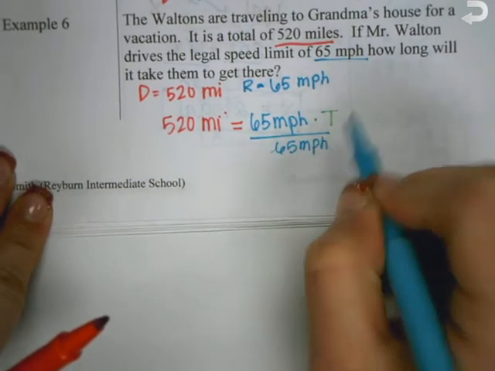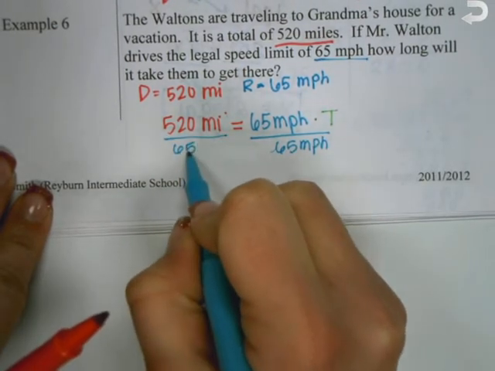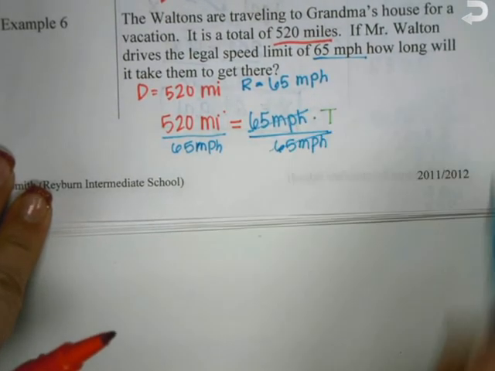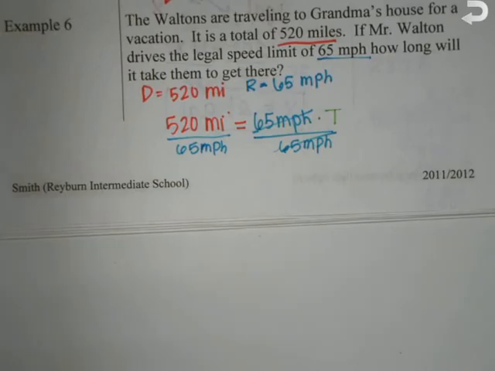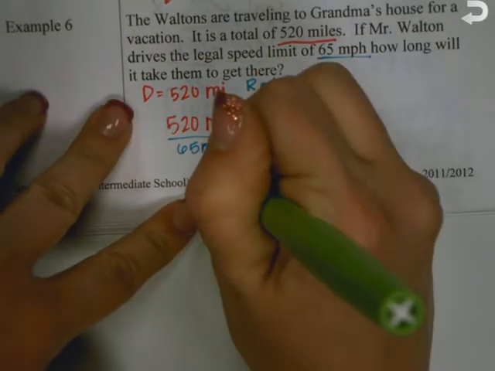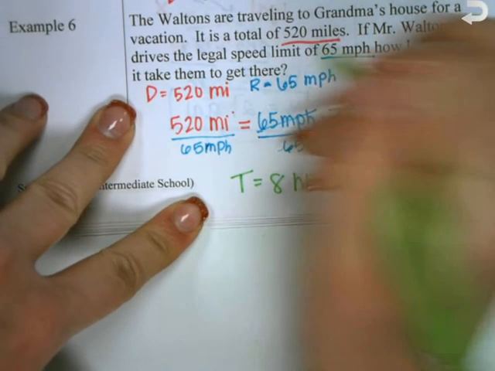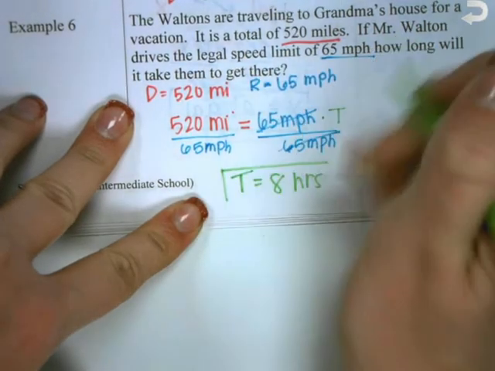What did you guys get? 8? 8 what? Hours. Good. Okay, who got that correct? So before we are finished, can everybody tell me what the distance, rate, and time formula is? D equals R times T. Good.